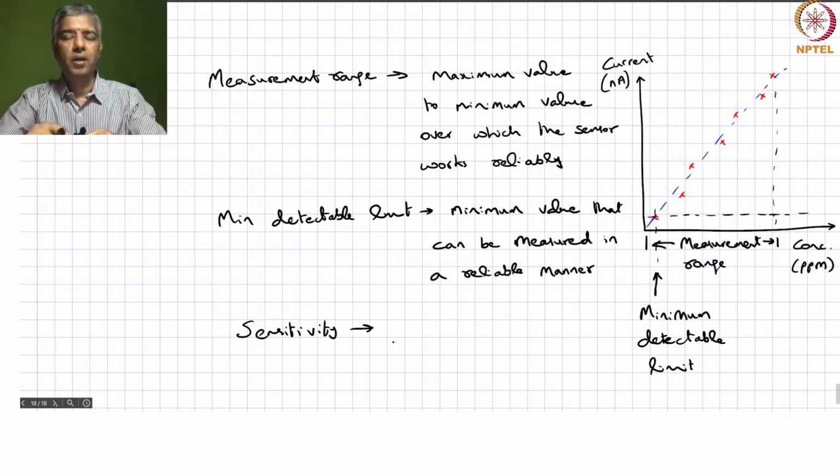Okay, so that's a term that's very widely used in optical communications, but in measurement and sensors, sensitivity actually takes a different definition. The sensitivity here corresponds to the slope of this line.